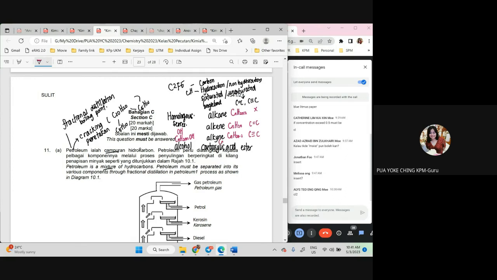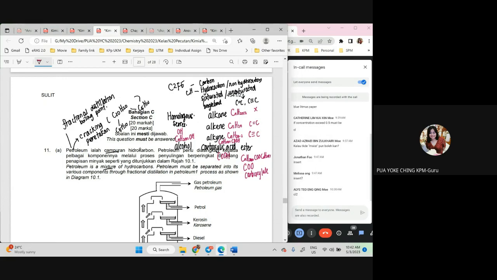Carboxylic acid CnH2n plus 1 COOH, COOH, carboxyl group sebagai functional group. And the last one yang paling panjang CnH2n plus 1 COO, CnH2n plus 1. Functional group COO, carboxylate group. Okay. So this is a very normal, and then setiap itu ada tindak balas.